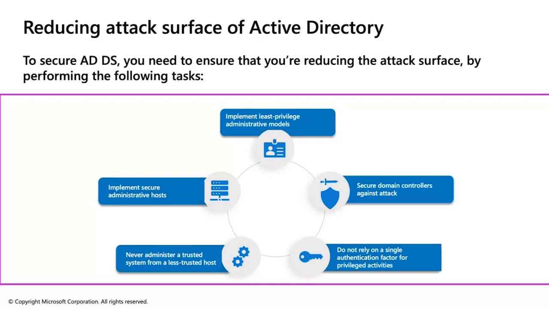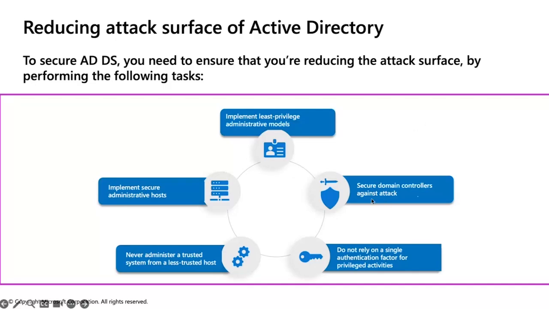If you are going to use Windows Server, you install the ADDS role, and if you want to configure security for it, we don't have any security solutions directly available. But yes, we can perform some activities to reduce the attack surface. For example, implementing the least privilege administrative model, which means assigning Active Directory access to limited admins.